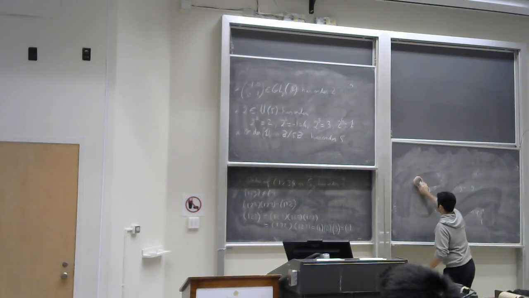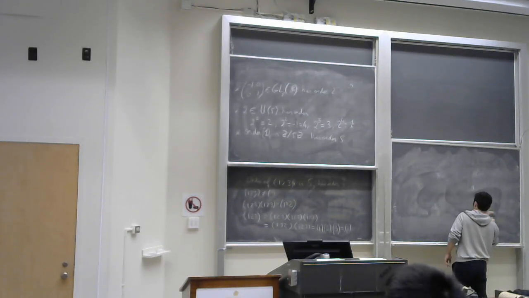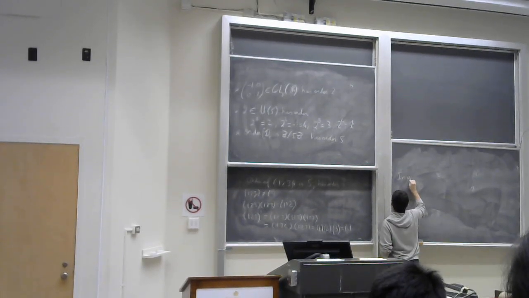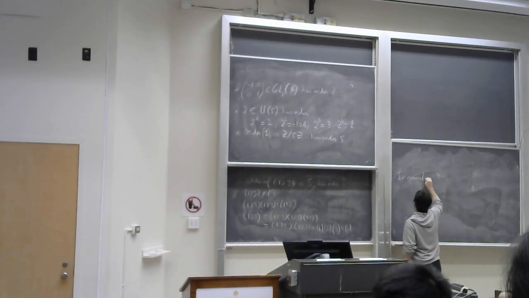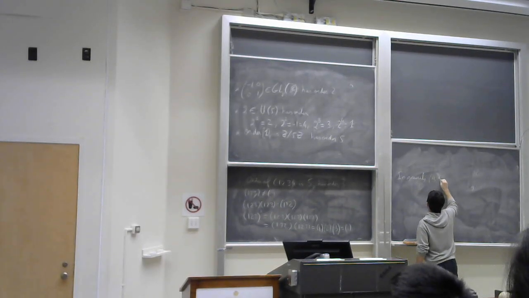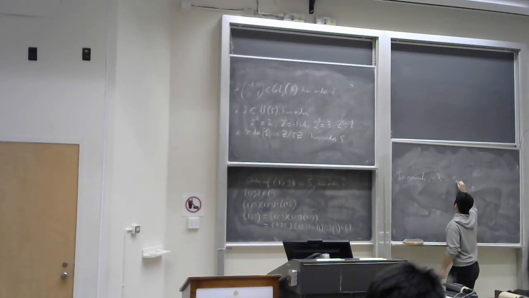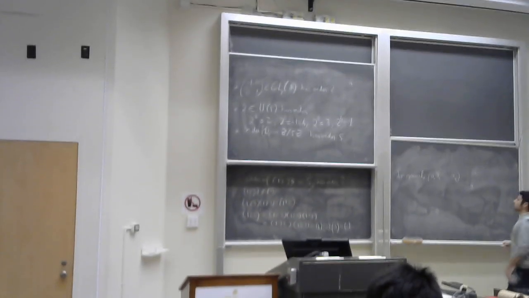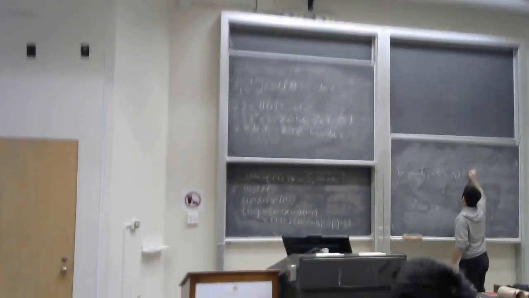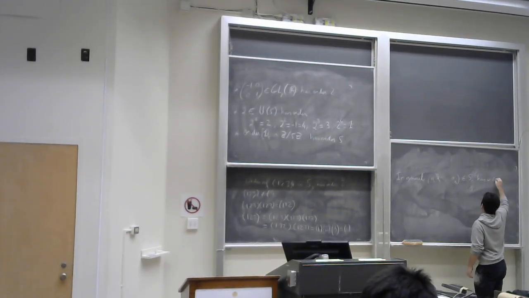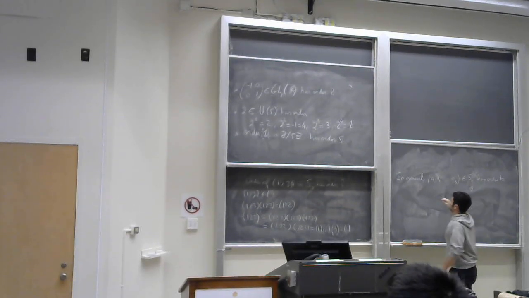In general, a cycle, a bijection (a1 ... ak) in Sn has order k. Okay? You can prove that.